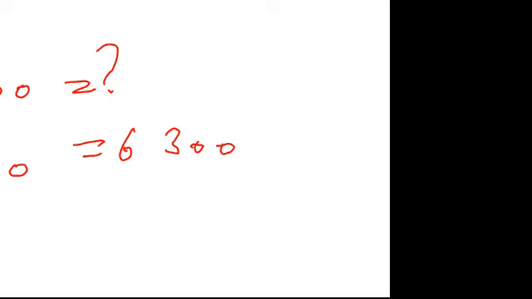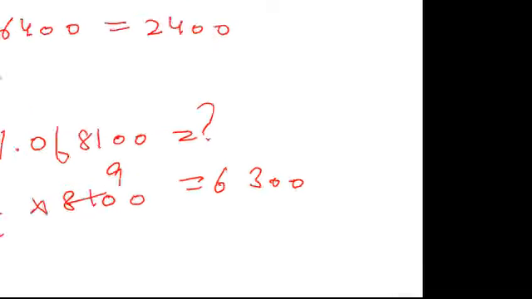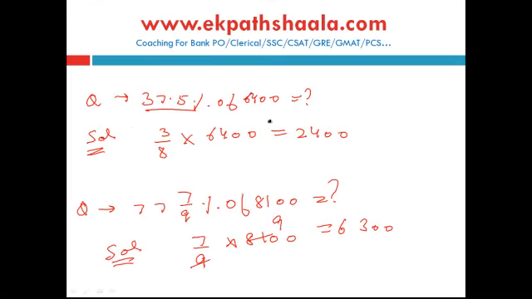Now if I take you back to the questions, there were two parts of the calculation. First part, second part. If I analyze, the problem was not because of the second part, it was because of the first part. If I simply knew the fraction of the given percentage, I would have simply replaced it by 3 by 8, and this number being the multiple of 6400, we could have simply cancelled 8 into 8, 64, and 3 into 8 is 2400.